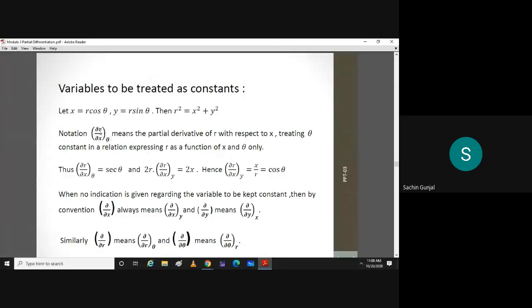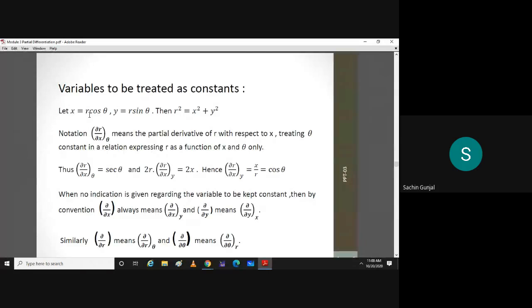So can you tell me ∂r/∂x suffix theta? Yes, from above, sec theta. Okay, good.